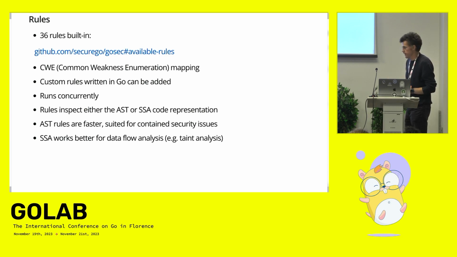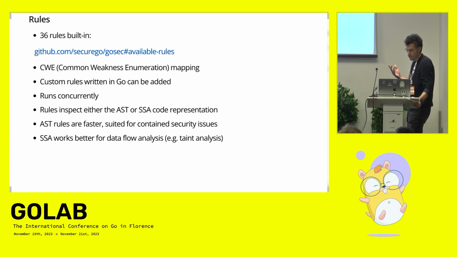As AST was a long time in the Go toolchain and available, the tool originally started with the abstract syntax tree. It's relatively fast, and it works well with security issues which are more contained, like previously we saw this server-side request forgery, so it was easy to spot.